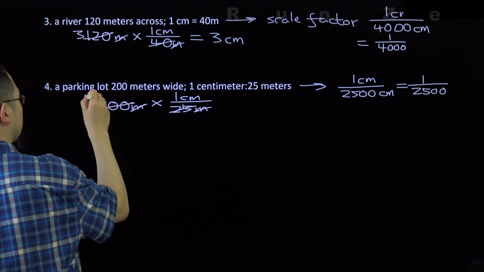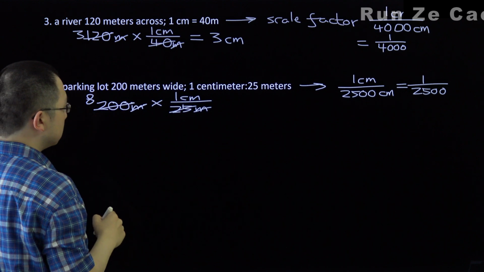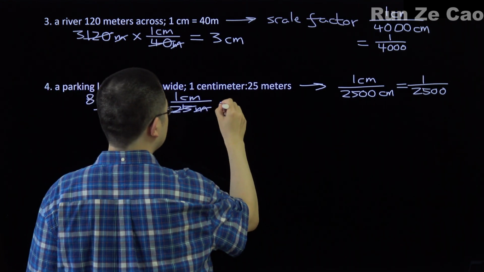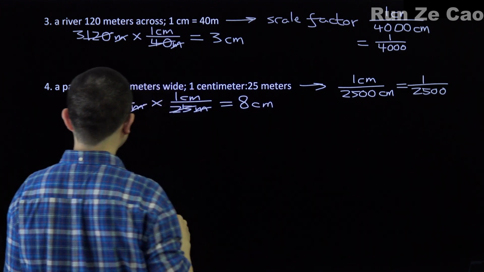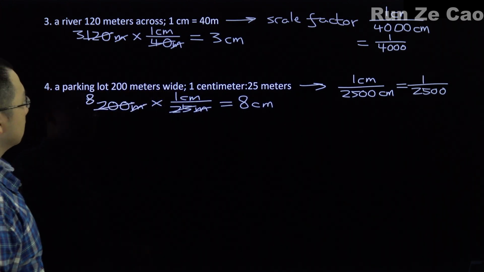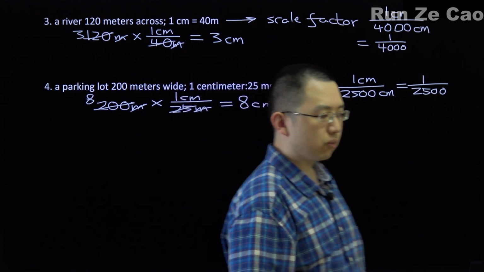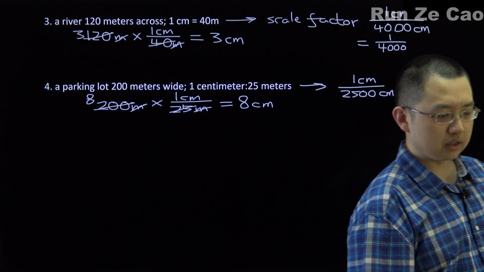So this is going to be 8. So 8 times 1 centimeter, that's 8 centimeters. That is the width of the parking lot on your diagram.